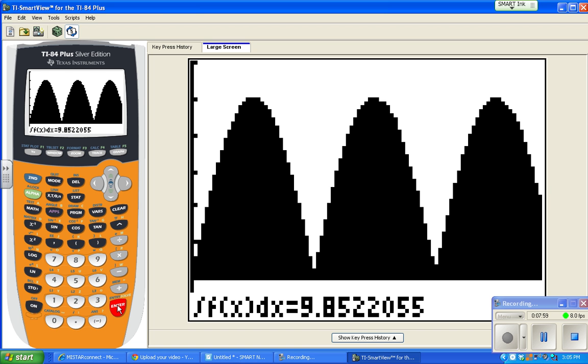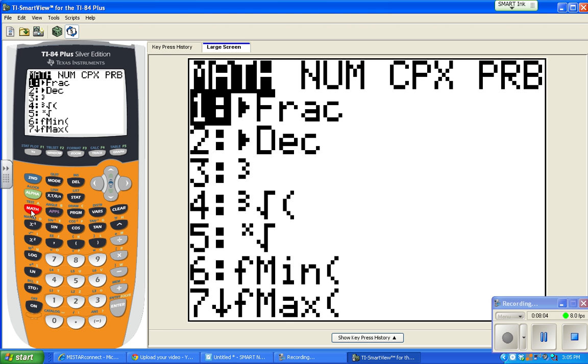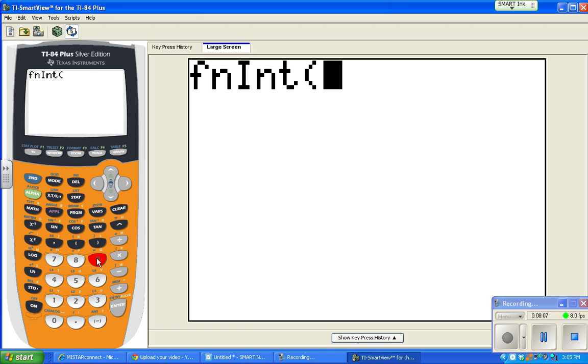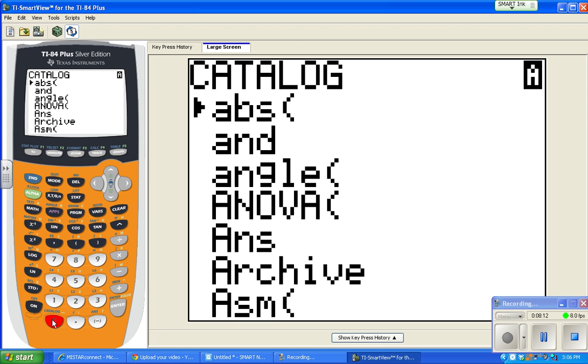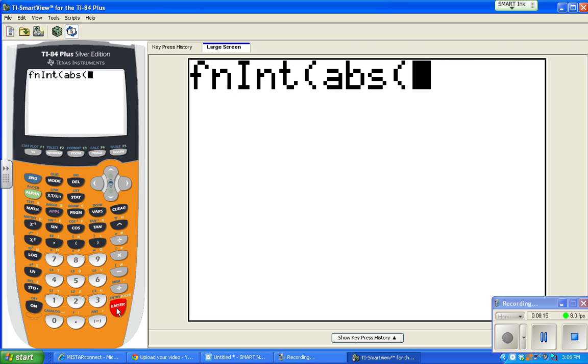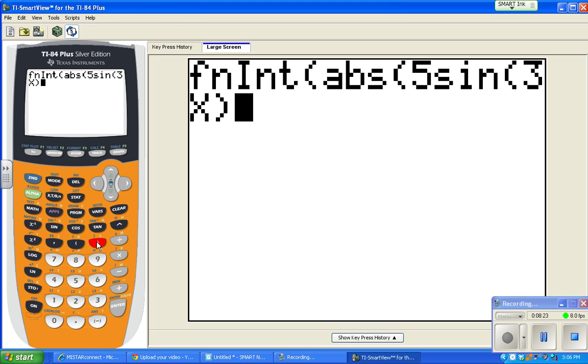Okay, and you could do this through the Math 9 also. It would work the same way. The only issue is that you've got stuff to type in, right? So this is the old system setup. Okay, all right. So if I want to do absolute value of 5 sine of 3x, now you can use whatever you want in this, but I'm going to use x because it's convenient.